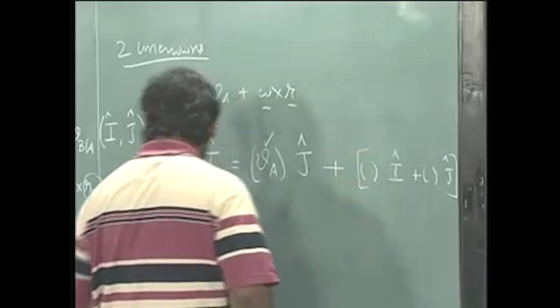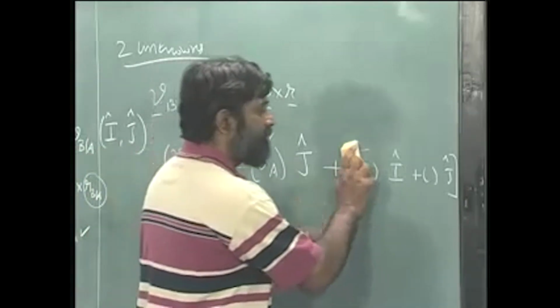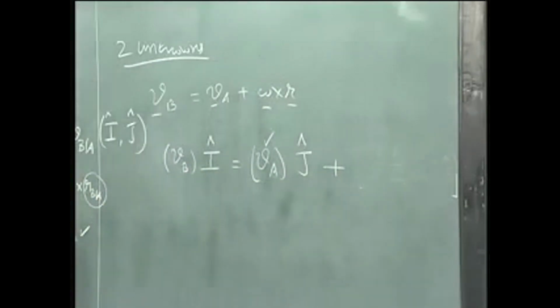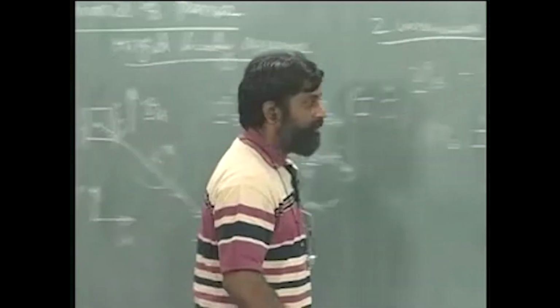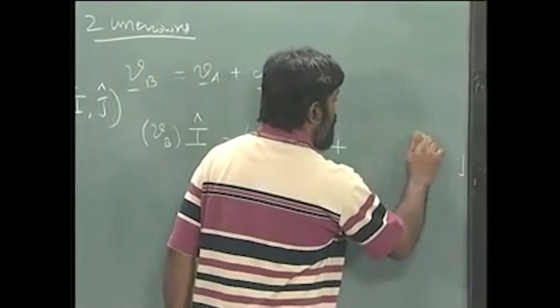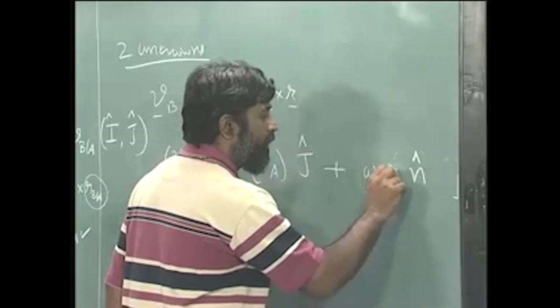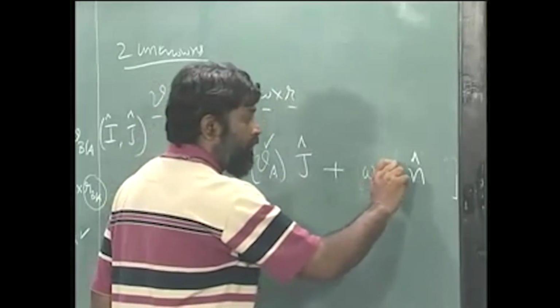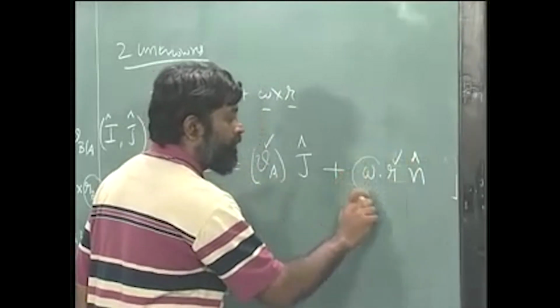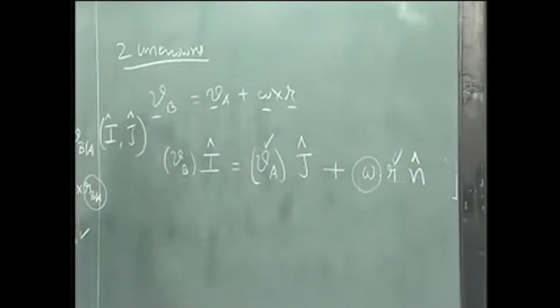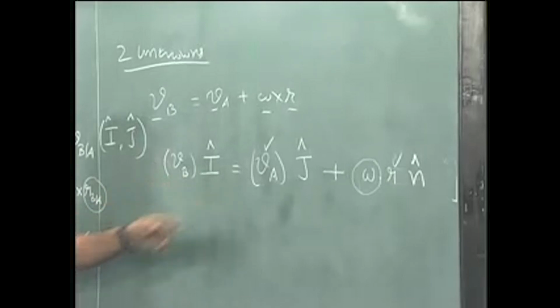Shall I call this n direction, where n direction is known. So this is a known direction times omega times r. Omega is what is to be found out. What else is known here?